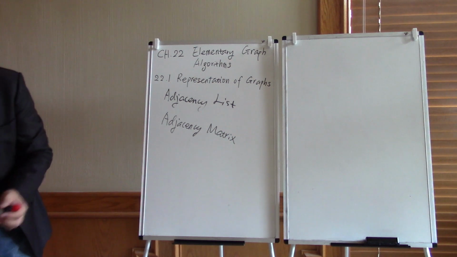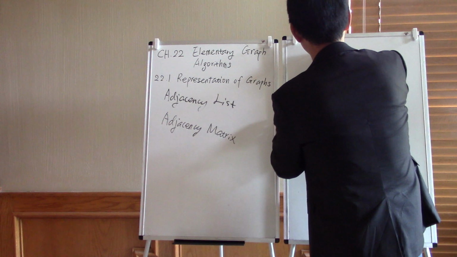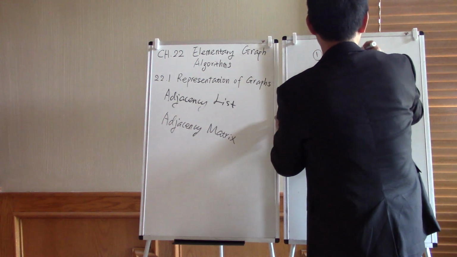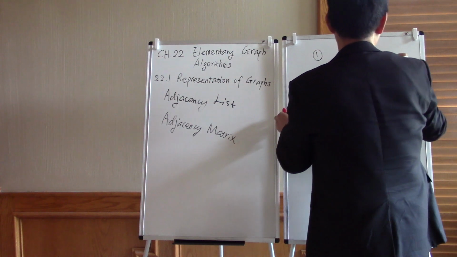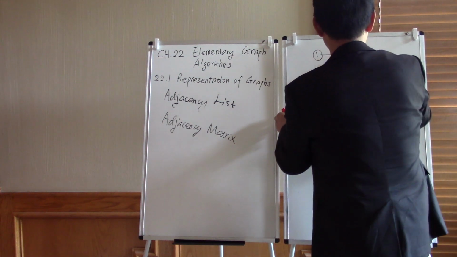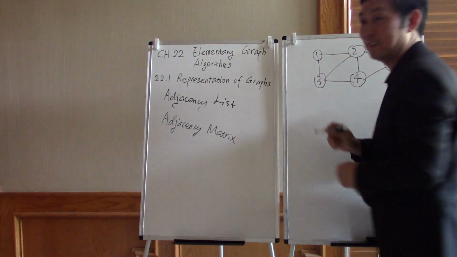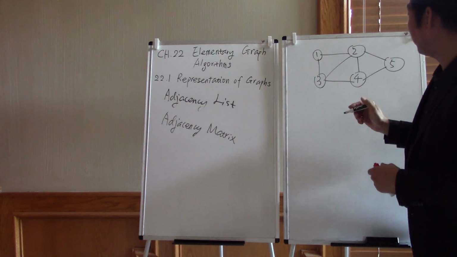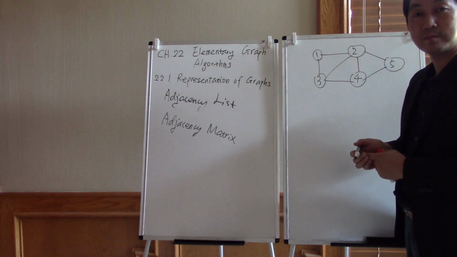Let's say that we have a graph that looks like this, with 5 nodes and a set of edges.